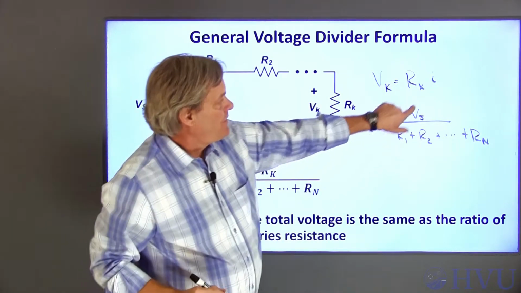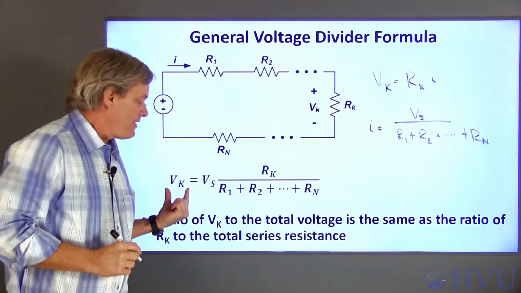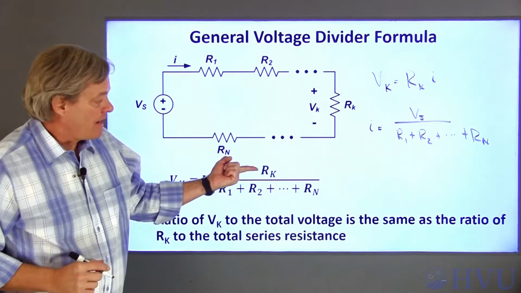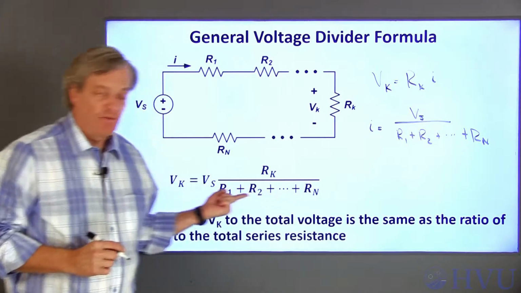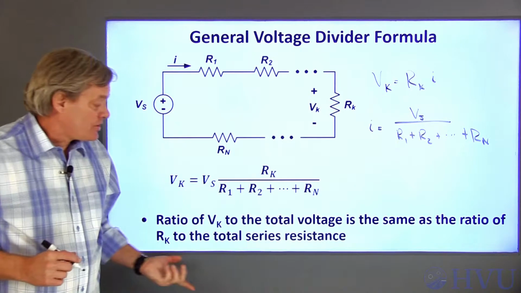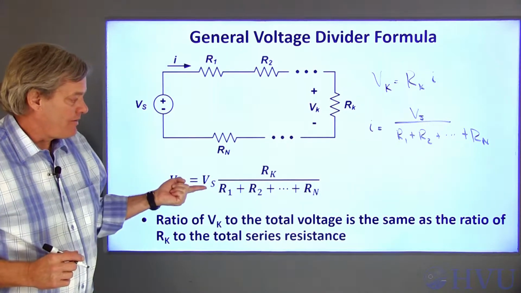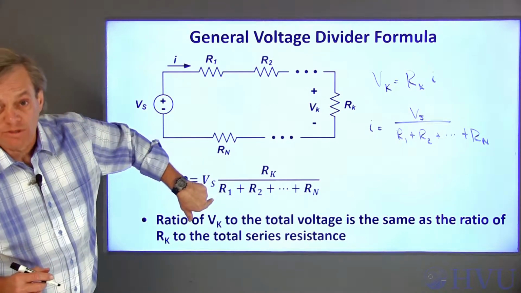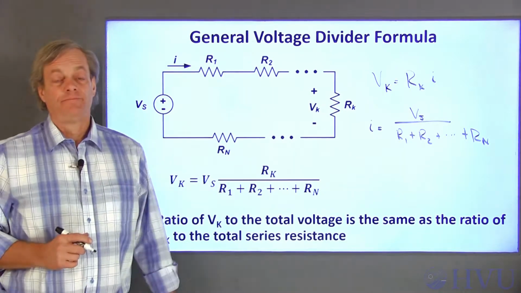If I substitute this in, I get Vk is equal to the total voltage, Vs, times Rk over the sum of the resistances, or the equivalent resistance of the entire circuit. So the ratio of Vk to the total voltage is the same as the ratio of Rk to the total series resistance.